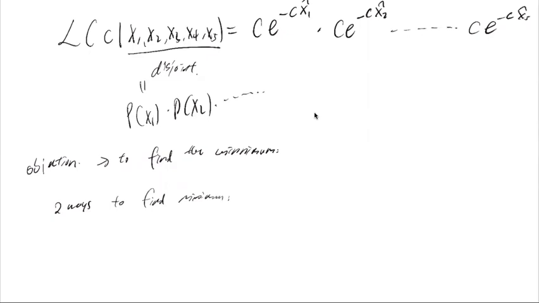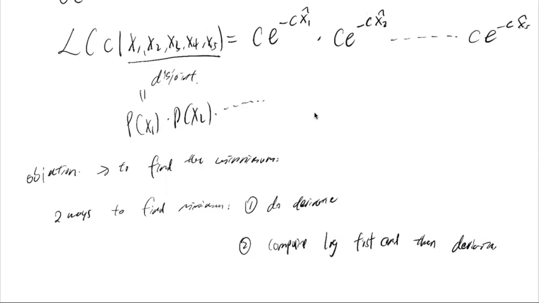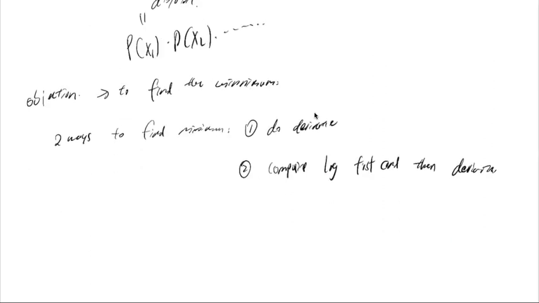You can either take the derivative directly, or for some functions, apply the logarithm first and then take the derivative to find the optimum. In this case, because the function consists of e to some power, it is more convenient to use the logarithm.